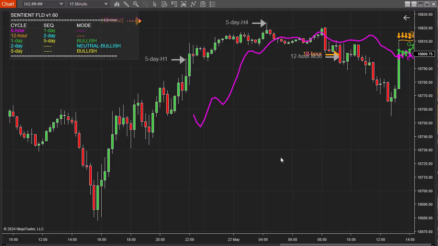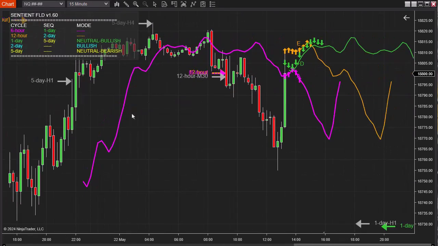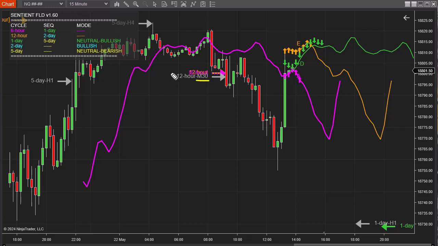Now notice the other longer time frame targets that we have over here. And let me just drag this chart over. First of all, we have from the half-hour time frame, the 30-minute time frame, a 12-hour cycle target. Notice here how this target is very, very close to the 12-hour cycle target generated by this chart, the 15-minute chart.